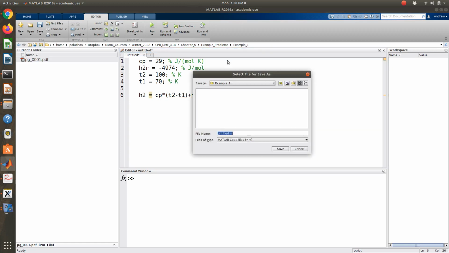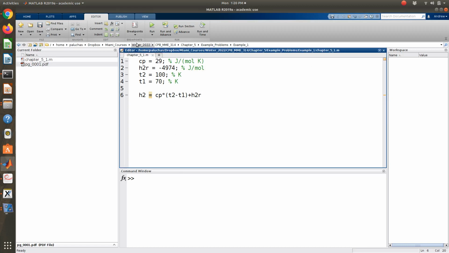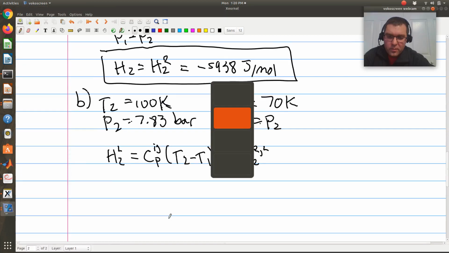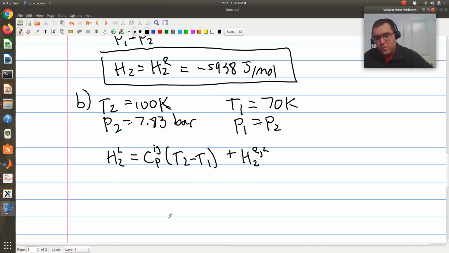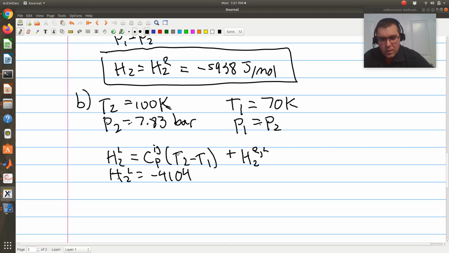Since I'm using SI units, this will be in SI units. Solving, I get H2 liquid equal to negative 4104 joules per mole.